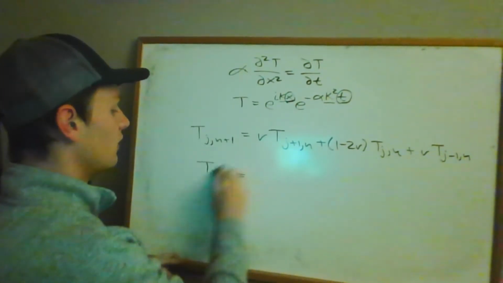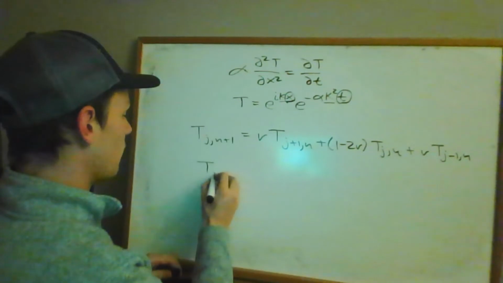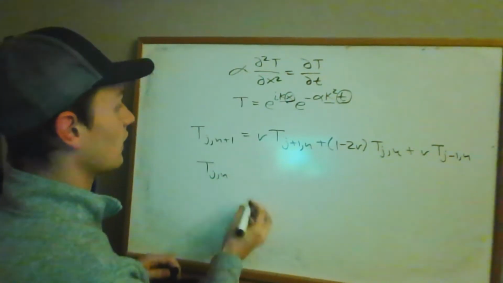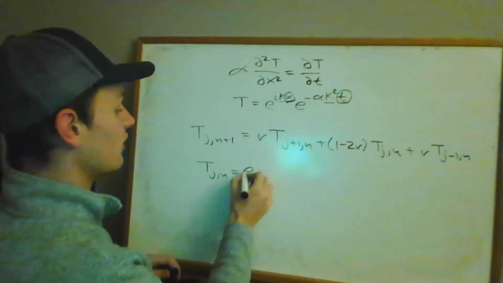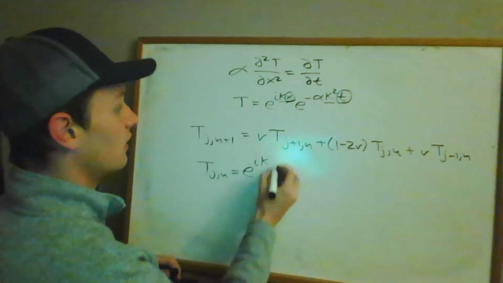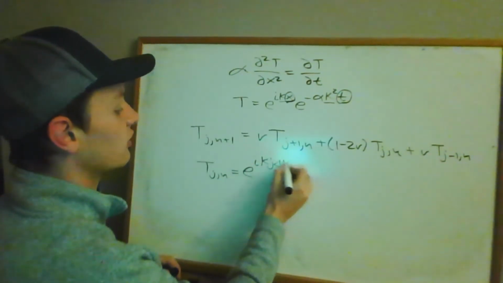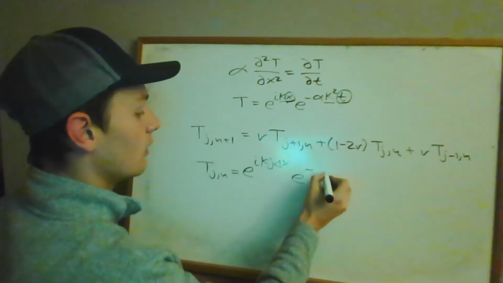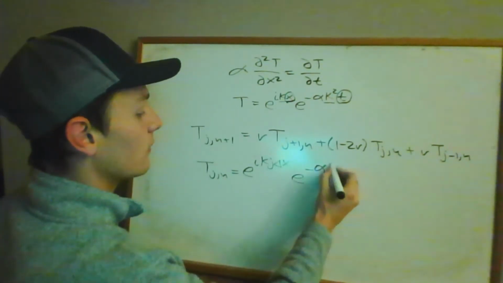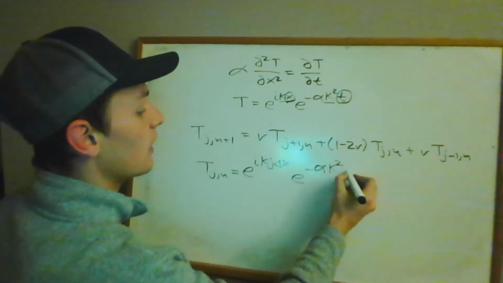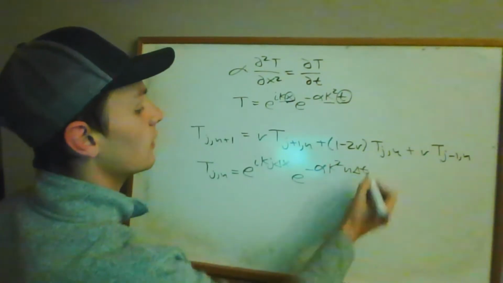So that is going to be important when we write this expression, okay? So we would have e^(ikjΔx), right? And then similarly here we have e^(-αk²nΔt), okay?